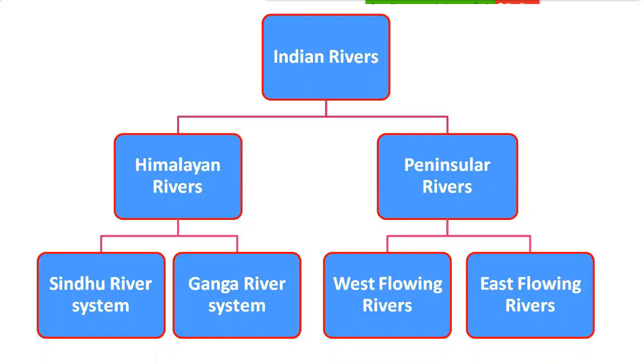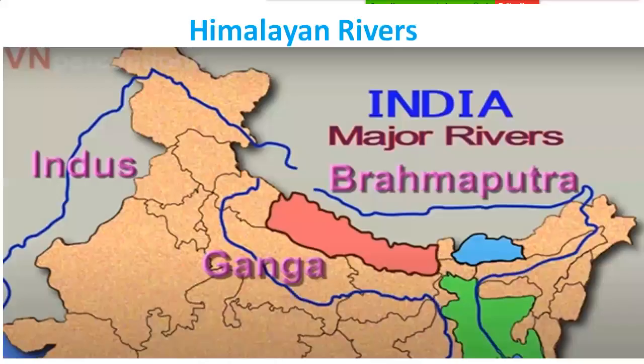The Himalayan rivers are further subdivided into two systems: the Ganga river system, which is seen in the North Indian plains, and the Sindhu or the Indus river system, seen in the northwestern side. The Sindhu or the Indus and its tributaries flow in the western Himalayas through the states of Jammu and Kashmir.